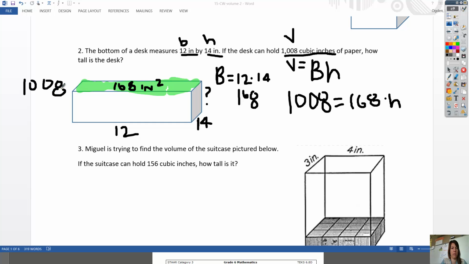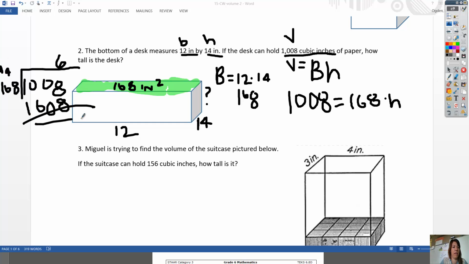Now I know the math looks a little nasty, but it's actually quite doable. I would just keep testing. 6 times 8 is 48. 6 times 6 is 36, plus the 4 is 40. 6 times 1 is 6, plus the 4 is 10.